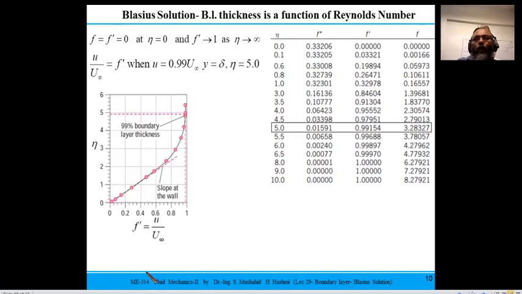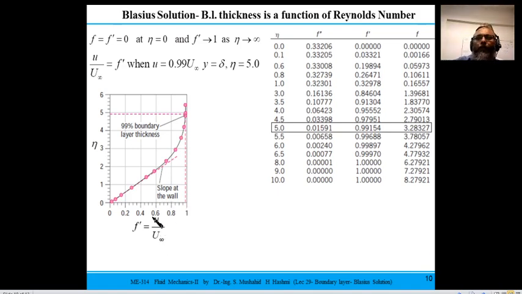So if you plot the first derivative, which is nothing but a dimensionless velocity u over u infinity versus a similarity variable eta, you see here the variation of velocity with respect to the free stream velocity.